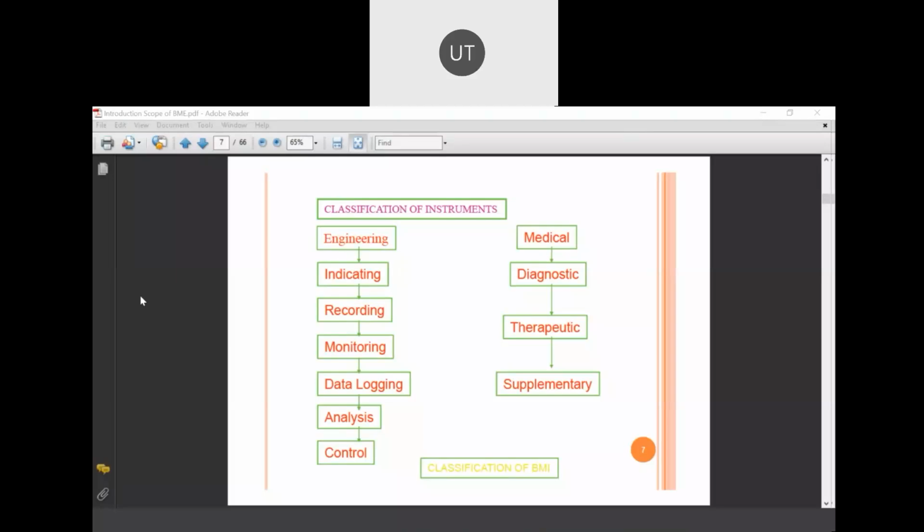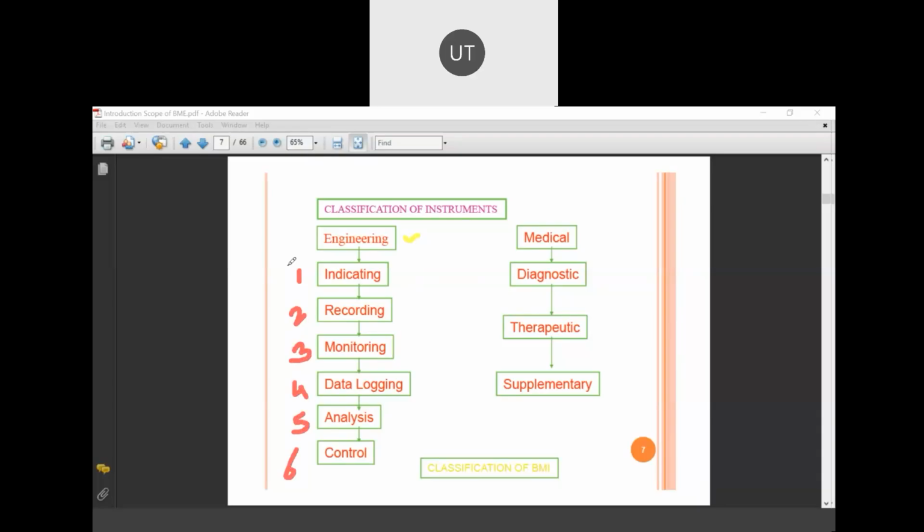The engineering classification is based upon indicating instruments, those responsible for indication, instruments responsible for recording, monitoring, data logging, analysis instruments, and instruments which take a few controls. These are the engineering classification criteria.